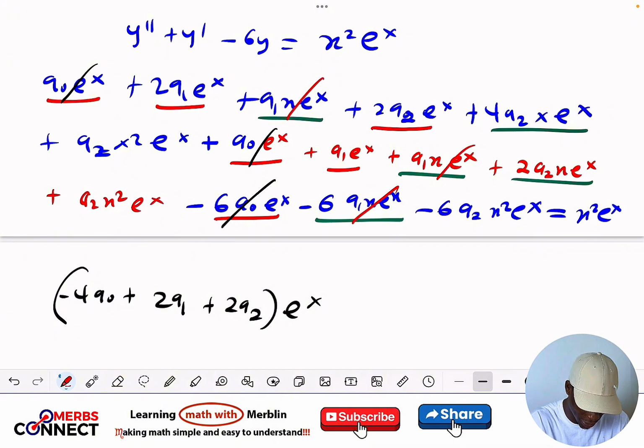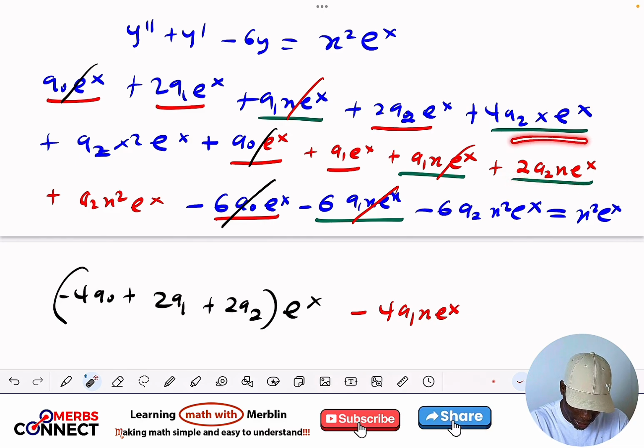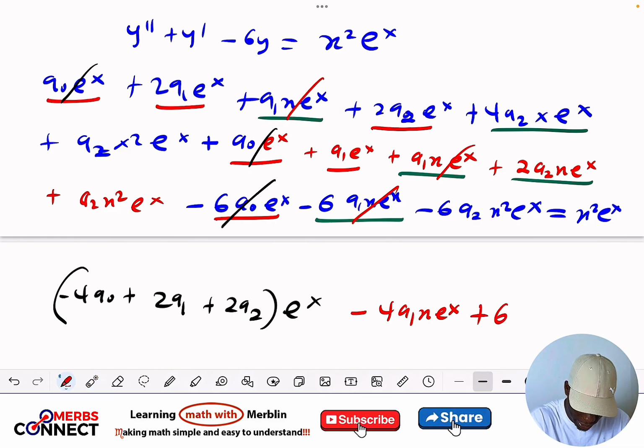So this is going to give me minus 4a1 x e to the power x, right? Then what will be left? It will be left with the ones with green, this guy and this guy. Are they the same? Yeah, this guy and this guy are the same. So I can add them and get 6. So plus 6a2 x e to the power x.